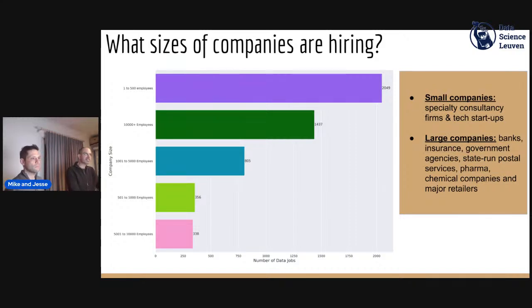And it's interesting to see that it's at the extremes of the headcount that you really see more demand. On the one hand, the smaller companies might be data focused from the very beginning, or they might be a little bit smaller, so it's easier to integrate data activities into what they do. On the other hand, the larger companies probably have a lot of data, which is useful, and they also potentially have a budget to get started with data activities.